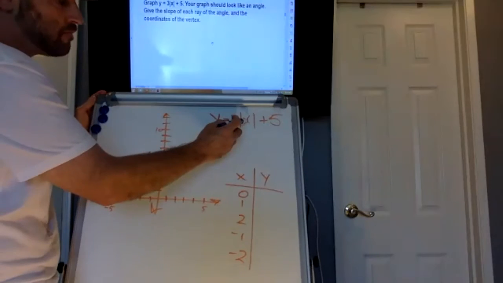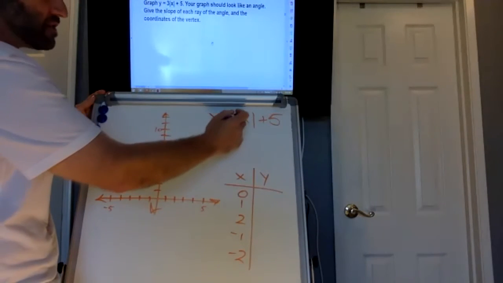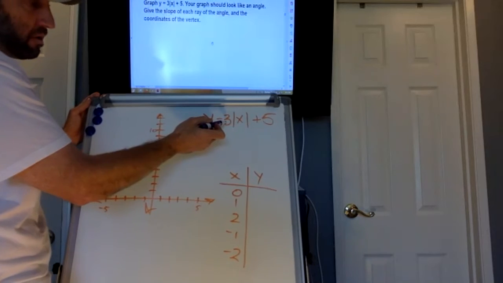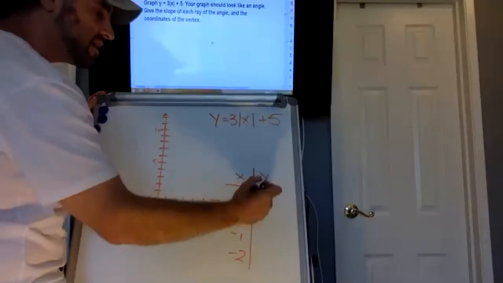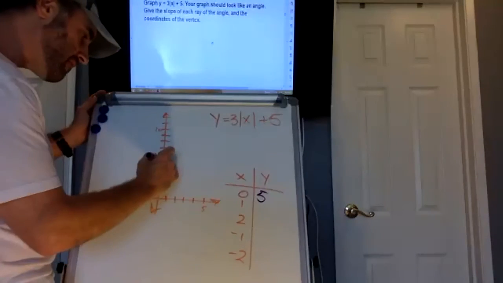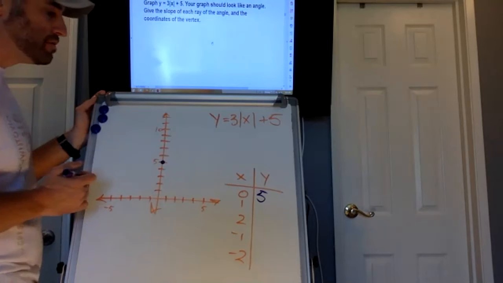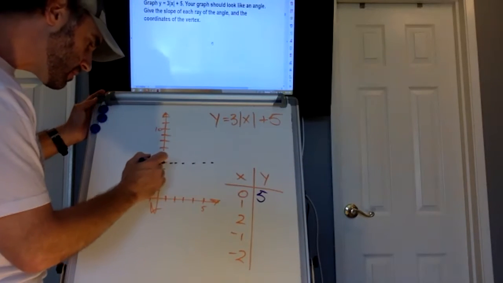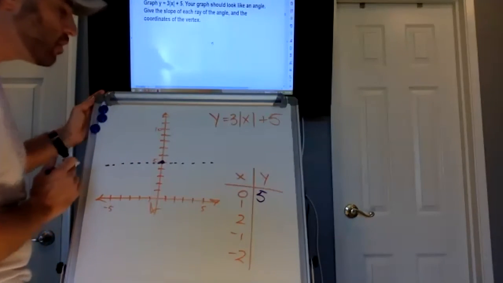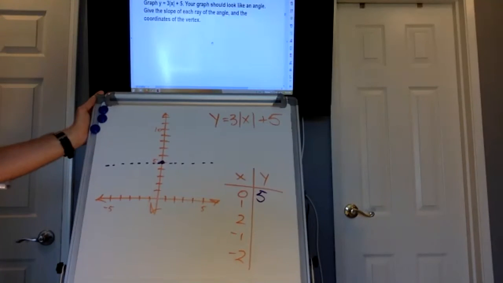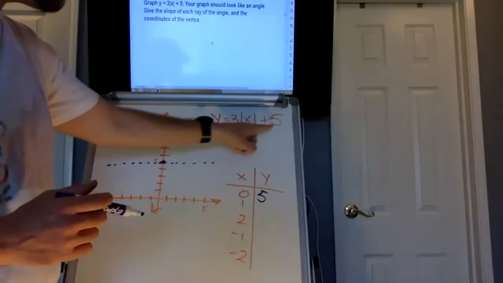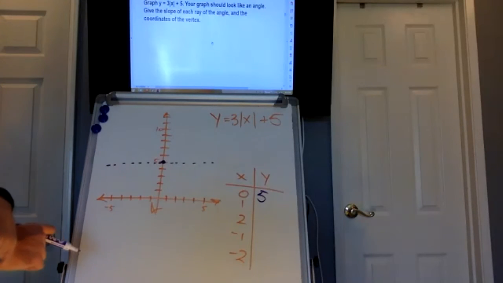When x is 0, then the absolute value of 0 is 0. 0 times 3 is 0. 0 plus 5 is 5. 0, 5. My graph will not go below this imaginary line. It cannot drop below that. There's nothing you can put in here that's going to take away value from the 5.